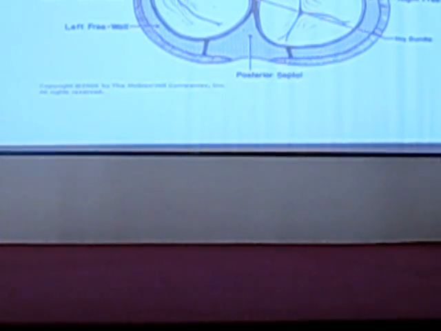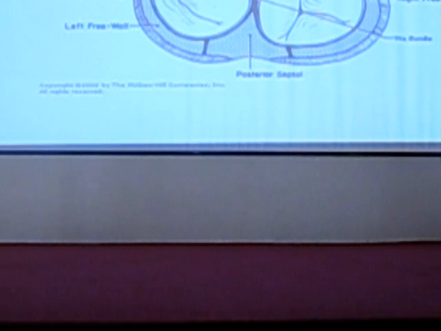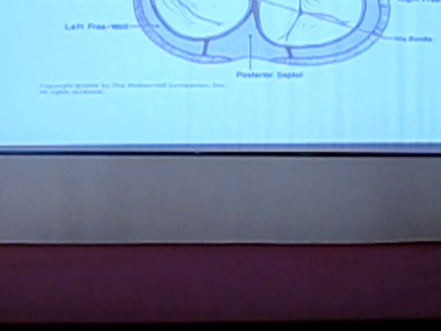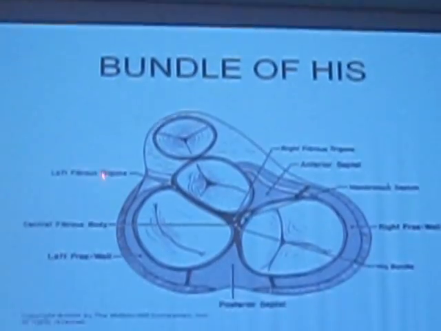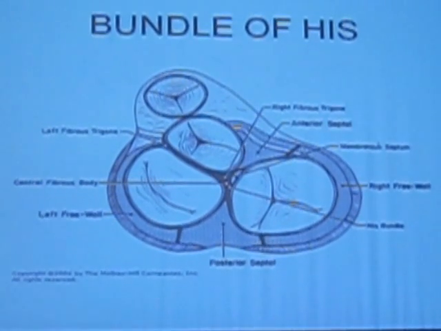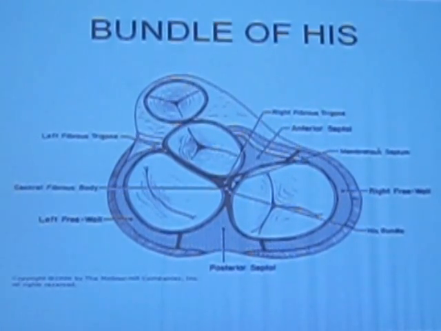The right fibrous trigone is the site where the AV node and bundle of His lie. If I say the bundle of His or AV node crosses the left fibrous trigone, am I right? No, definitely not. If I say the site of the AV node is the right fibrous trigone, am I right? Of course.